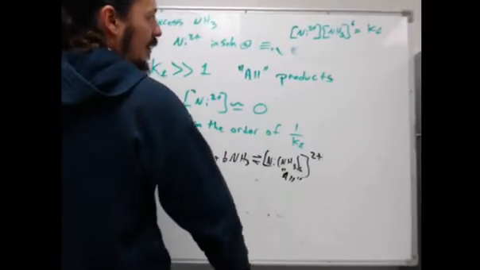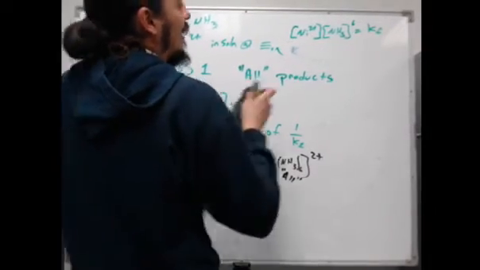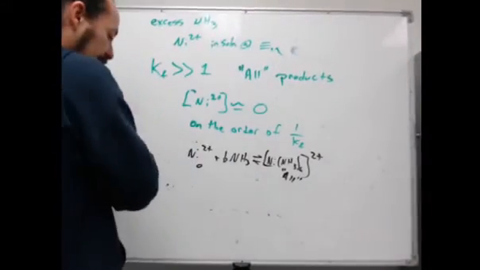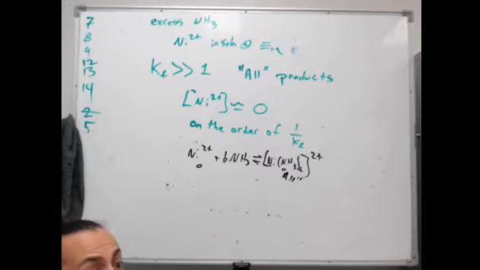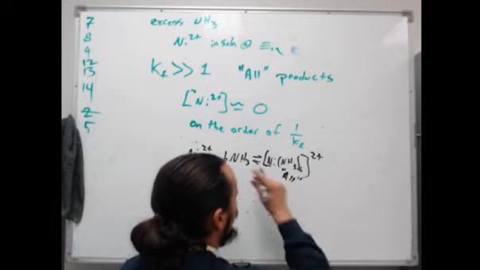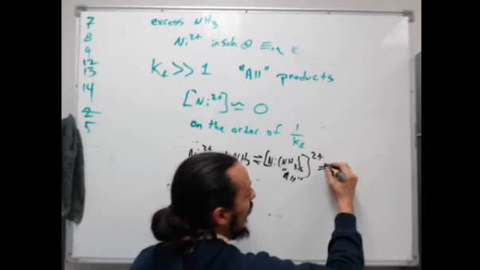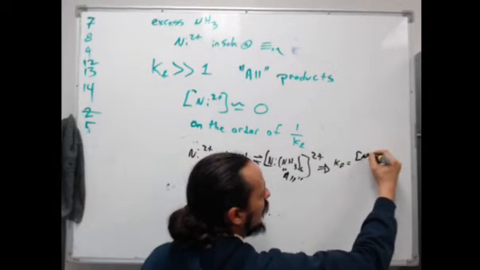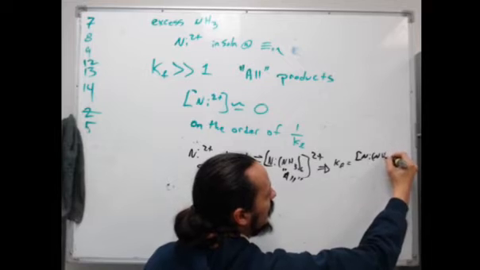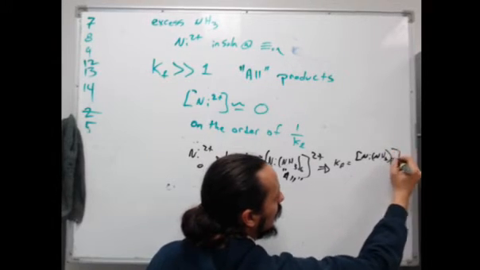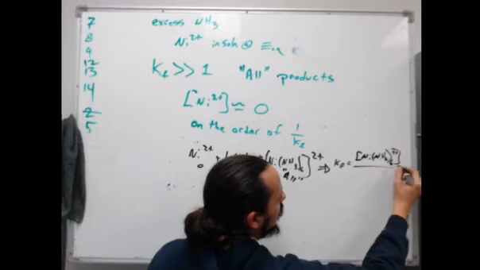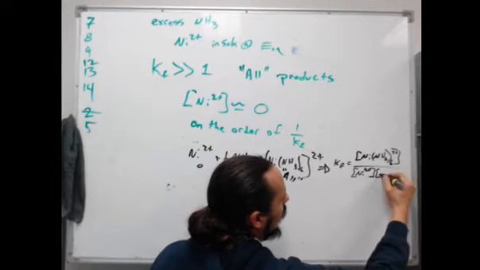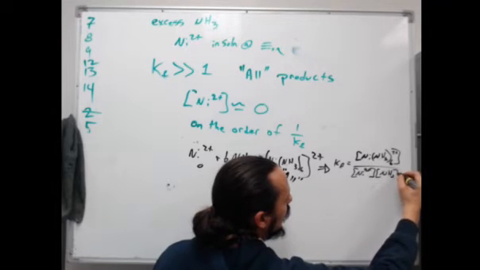Oh, and I forgot one more thing. Because it's not just a KSP, it's products over reactants, that's where I messed up. I knew I did something wrong as soon as I wrote that KF down. I was thinking too much of my old precipitation problems. If I'm going to do products over reactants, my KF is going to be equal to the nickel complex on top, not the reactants, of course: nickel NH3 6 2+ divided by my nickel 2+ and my NH3 to the 6.